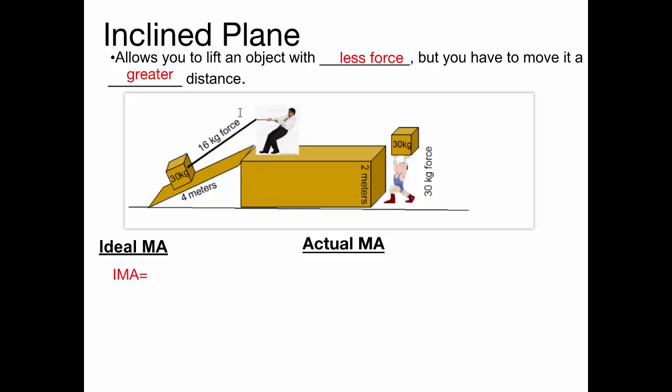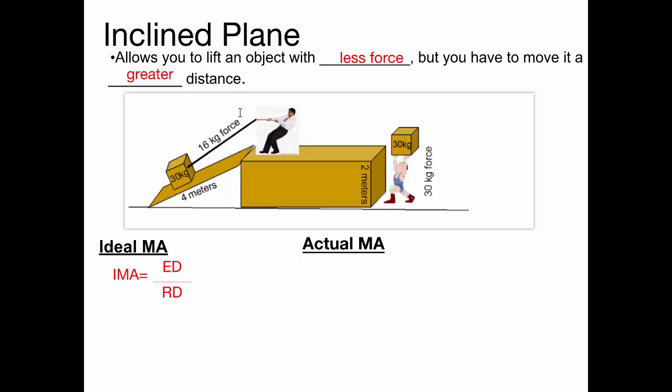Yes. So IMA, ideal mechanical advantage, is the effort distance, the distance that you have to apply the force when using the machine, divided by the resistance distance, which is sort of the actual distance the object's going to move in the direction you're trying to get it.